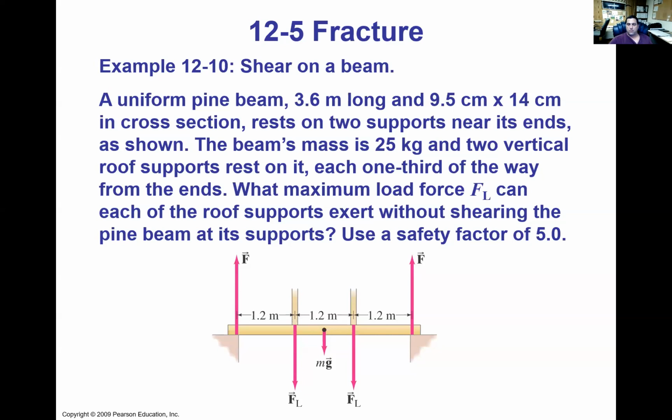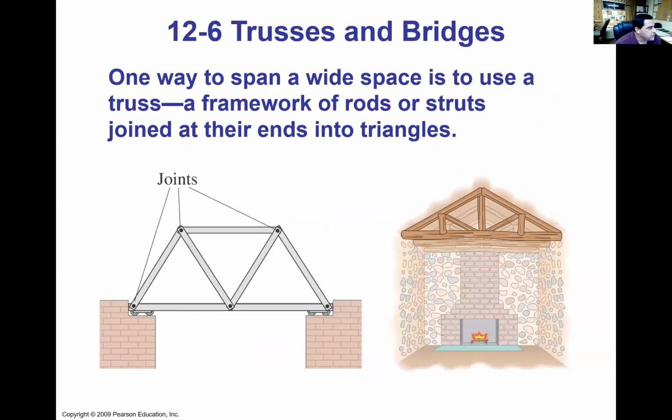So now the text goes into talking about trusses and bridges, all of which are very interesting. But these are sections in the text that are asterisked, so you are not required to know this material for the test, but it is a good preview of what you're going to see when you take a class in statics.